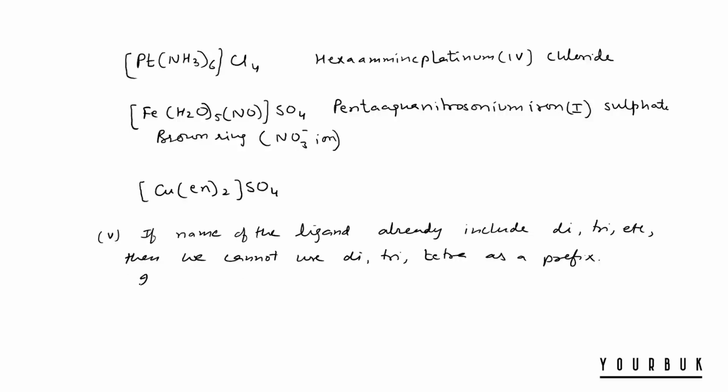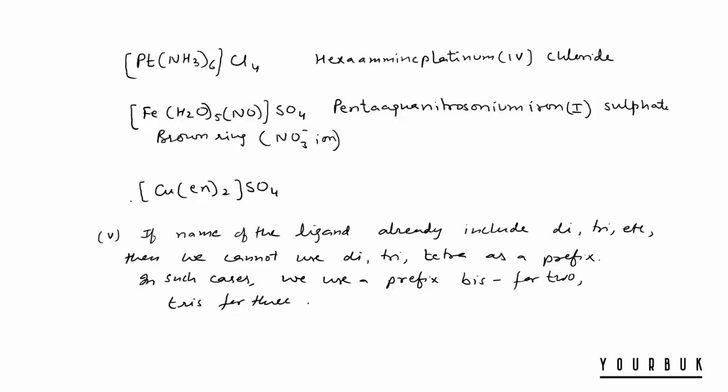In such cases, we use the prefix bis for 2, tris for 3. And also we write the name of the ligand in brackets.